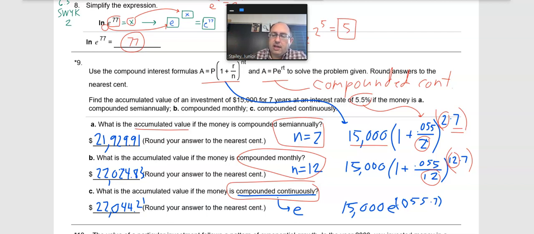And in this case, 5.5% interest for 7 years would kick out $22,044.21. Now, I'm not saying it's a huge amount of difference, but it is a difference. And if you started out with $150,000 or $1.5 million, it would seem like a significant difference. Or if you gave it a lot more time, you would see a significant difference.